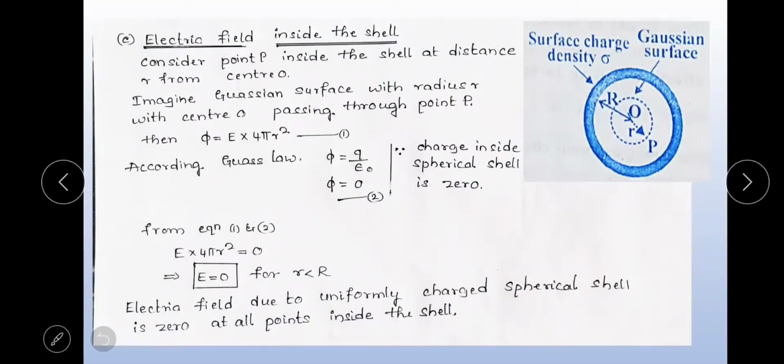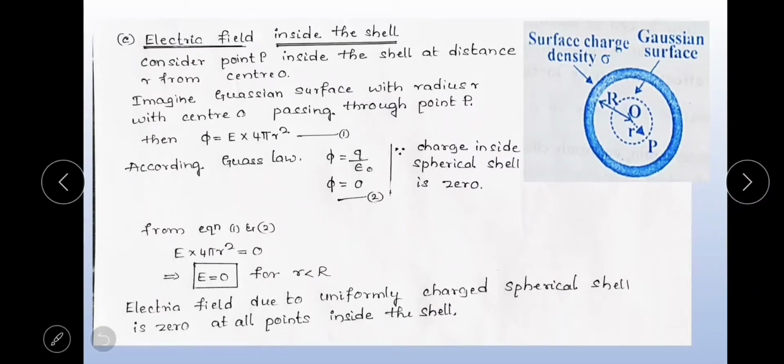Now consider the last case, that is the third one, electric field inside the shell. Electric field inside the shell means what? You have to consider the Gaussian surface inside the shell. Okay, right.